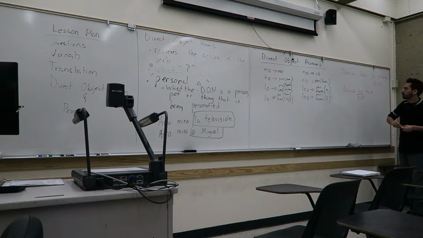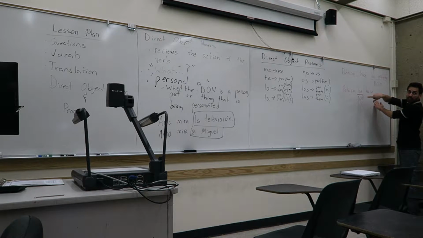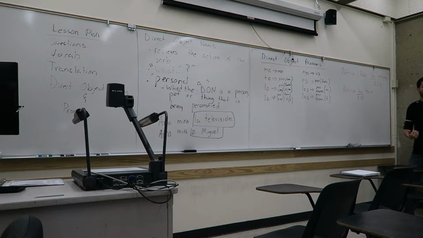So let's say I tell you, Patricia hace las maletas, and you heard Patricia hace, right? So you're like, Patricia hace what? Y yo, Patricia las hace, las maletas. I could include las maletas at the end, but you're being redundant. Just for clarification, you can add it. But in this exercise, the whole point is for you to start using the direct object pronouns.